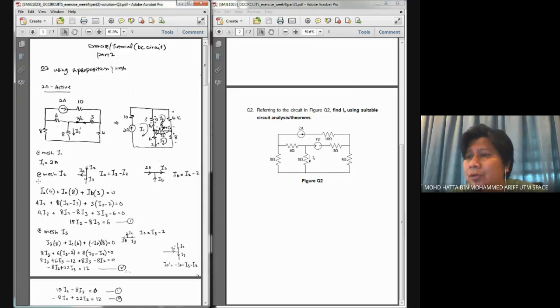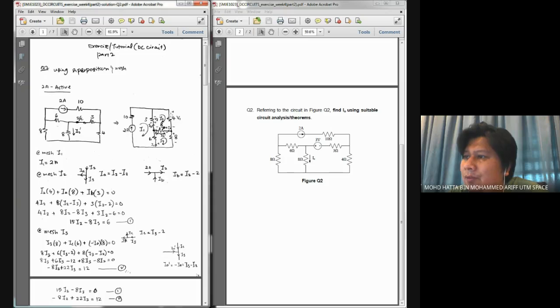And I move on to mesh number 2. For mesh number 2, look at mesh number 2 over here. First, I put in the polarity of voltage drop across these 3 elements: the 3 ohm resistor, 4 ohm resistor, and 8 ohm resistor.